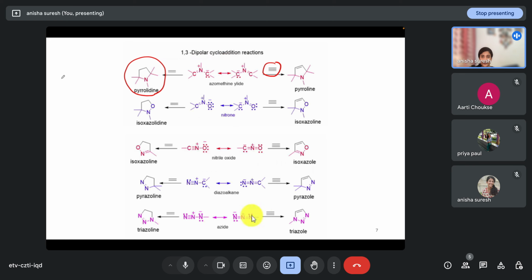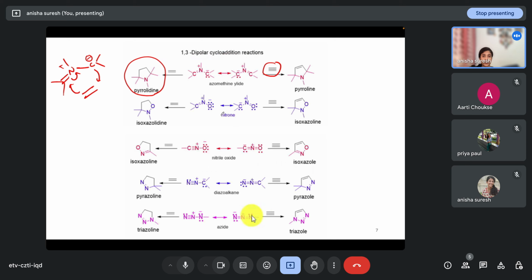So the mechanism will be like N plus, it will result in the formation of the pyrrolidine. And here one extra double bond will be coming when we have pyrroline.